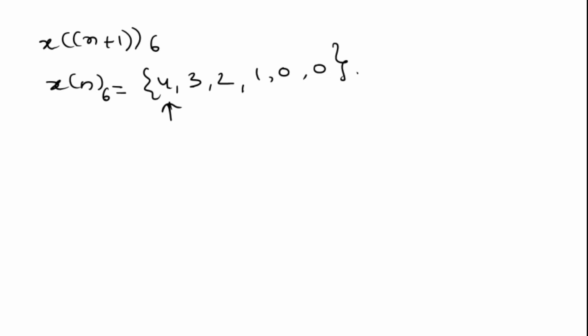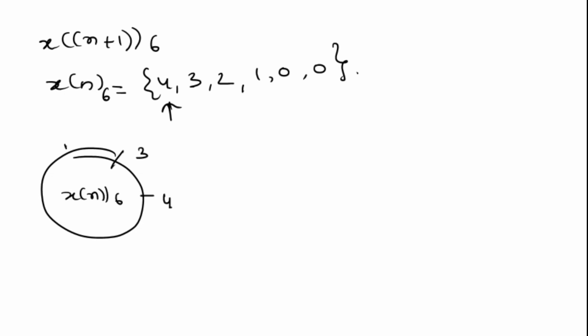Now we first plot x of n of 6. At position 0 we have 4, 3, 2, 1, 0 and 0.